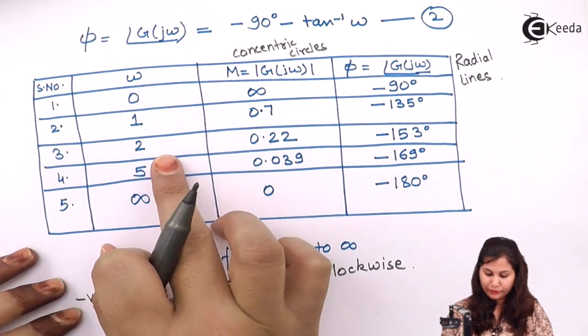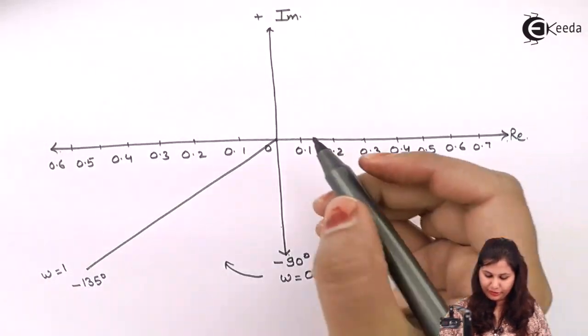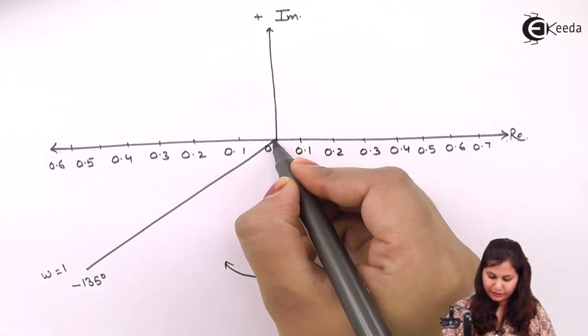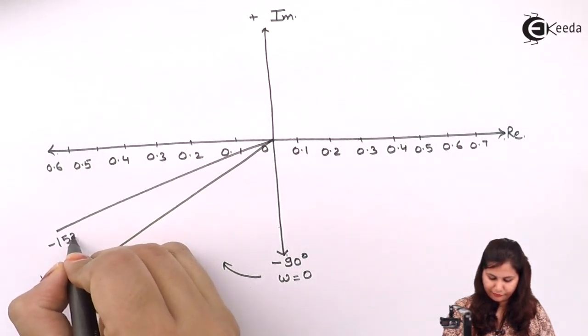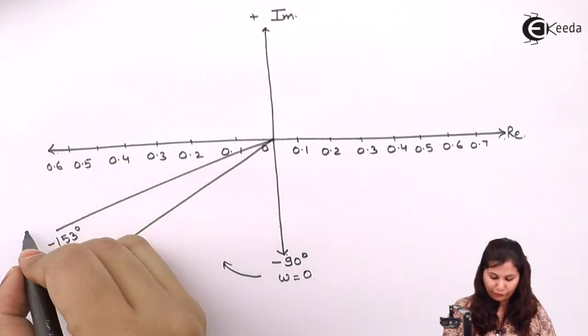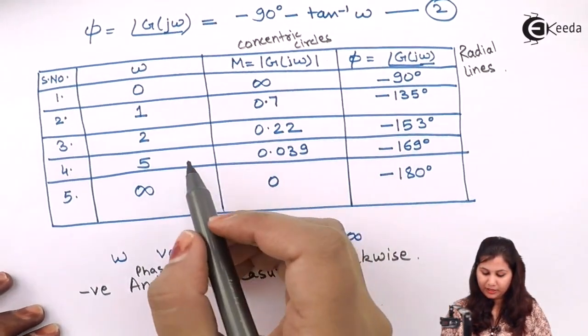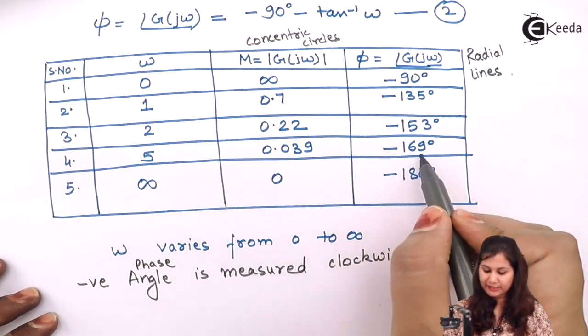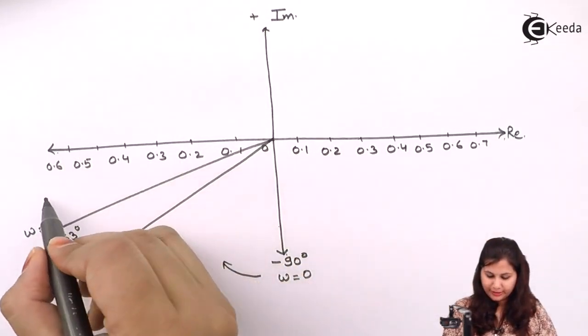Now for omega equals to 2, the phase angle is minus 153 degrees. So minus 153 degrees will be like here, for omega equals to 2. Now omega equals to 5, we have the phase angle minus 169 degrees. So let's plot this.